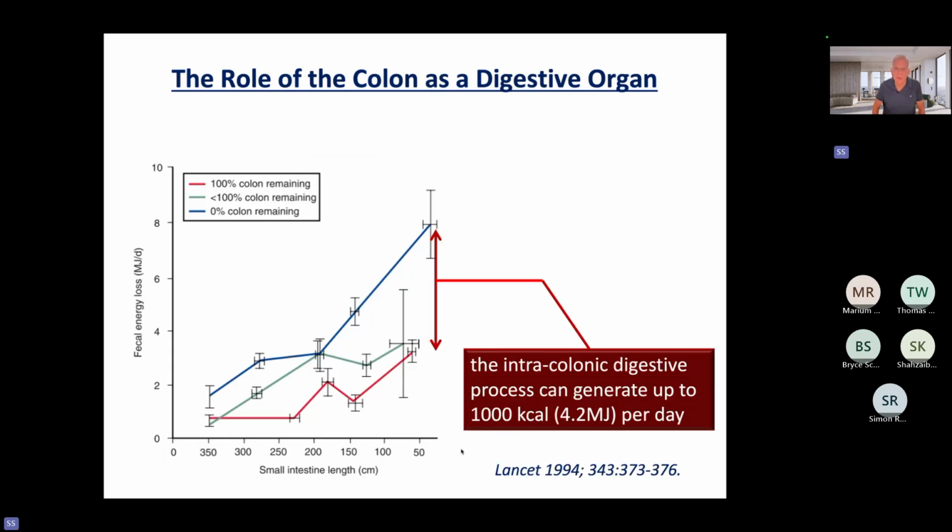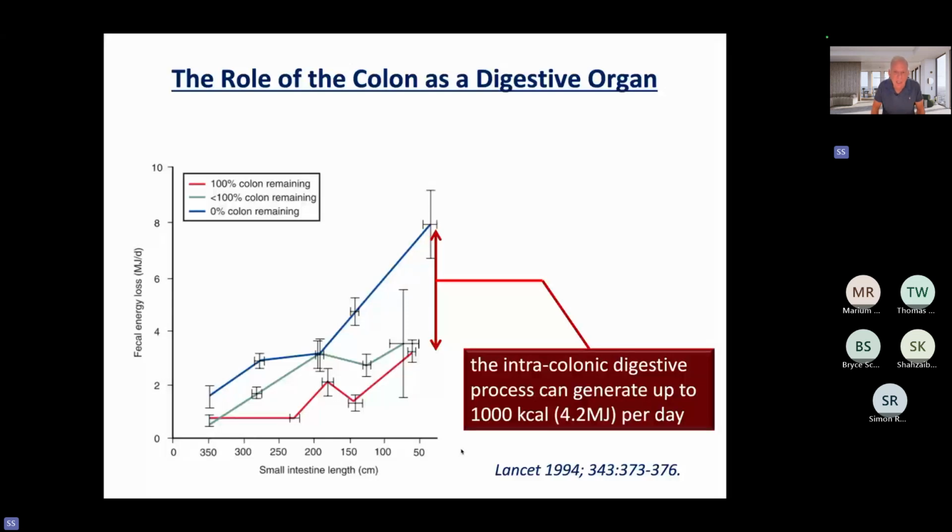The role of the colon as a digestive organ is shown more graphically in this slide. The intracolonic digestive process can generate up to 1,000 kilocalories per day. Here, the blue line are subjects with no colon remaining, the red line with 100% of the colon remaining, and the green line is somewhere in between.